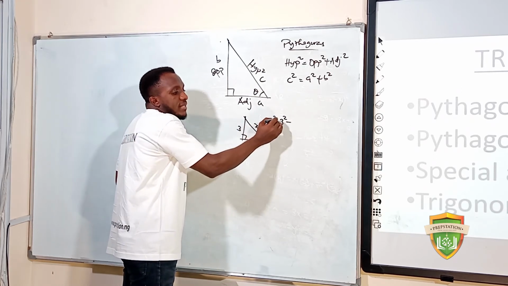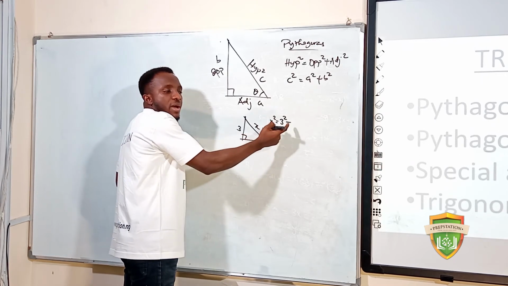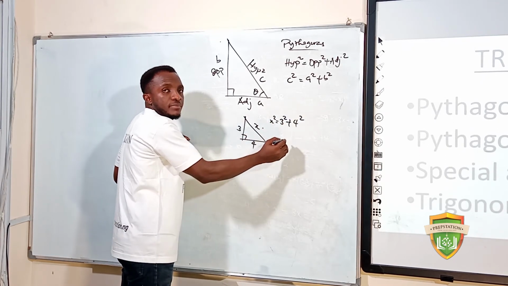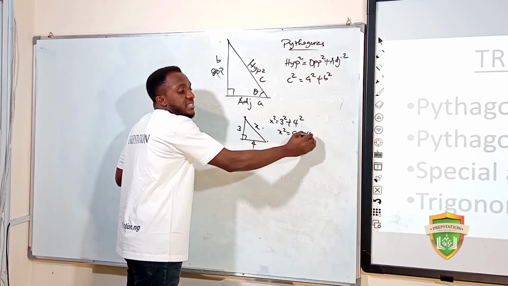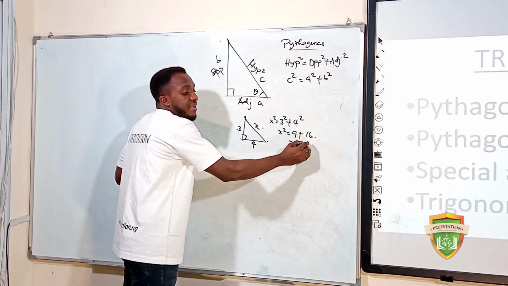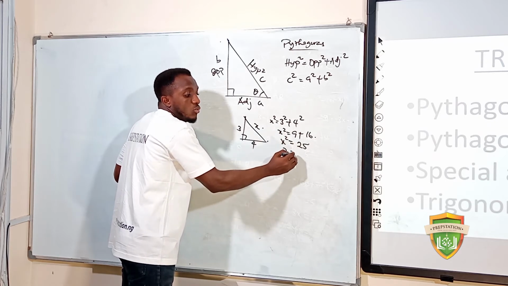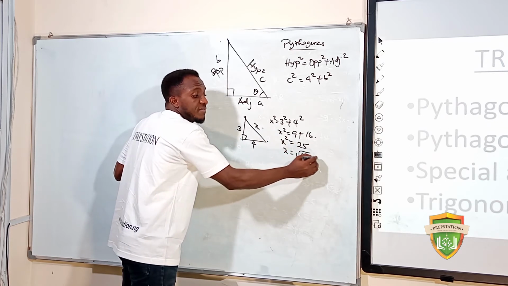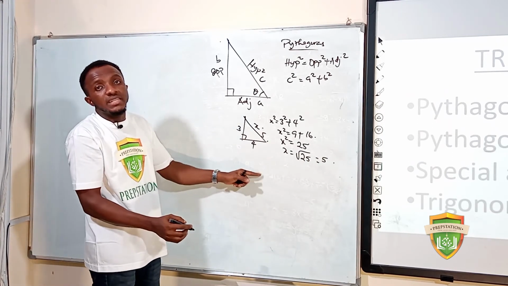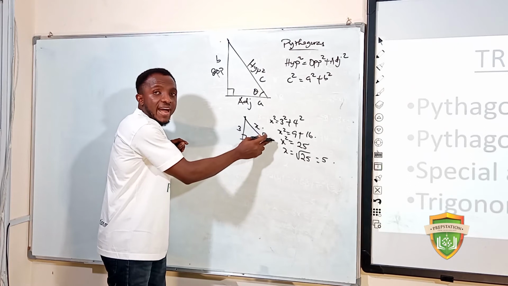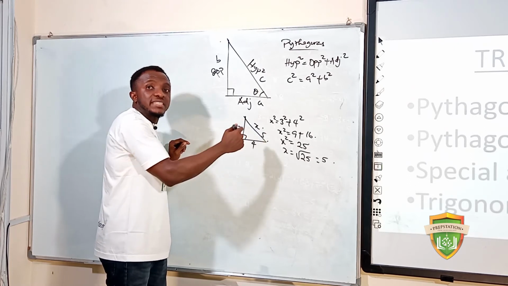So x squared would simply be 3 squared plus 4 squared. X squared is 3 squared is 9, 4 squared is 16, that is 25. So x would be the square root of what? 25. The square root of 25 is 5.